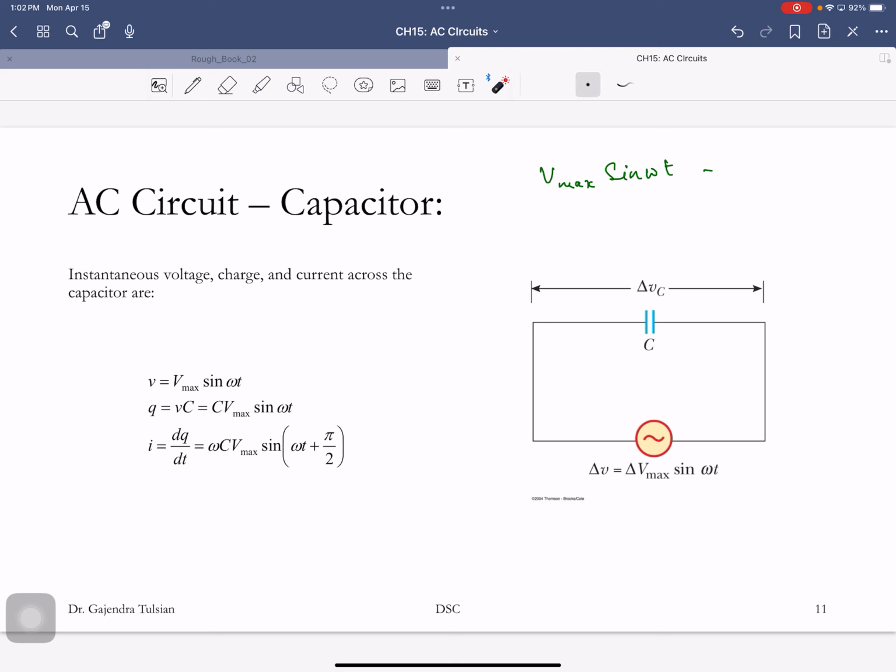And then the voltage across a capacitor is Q over C, so Vmax sine omega t minus Q over C equals 0. So Q(t) is C Vmax sine omega t. Then you take the time derivative of that and you get the current in the circuit. So I(t) is this guy.